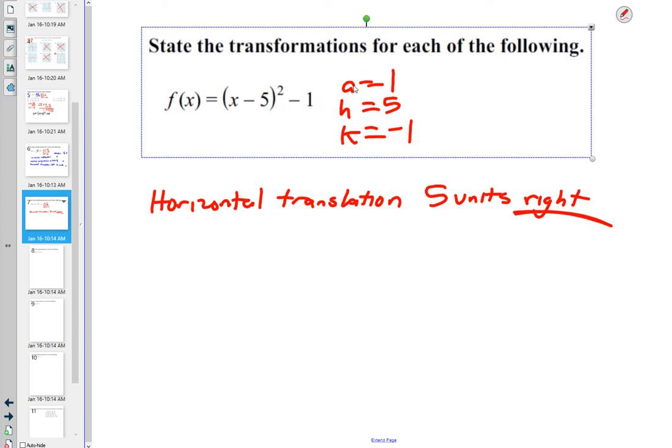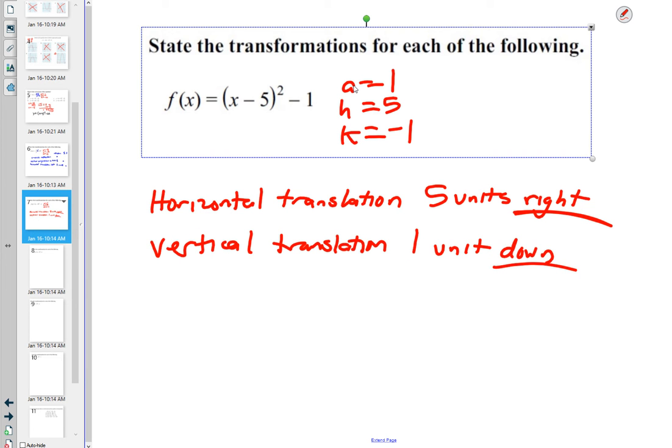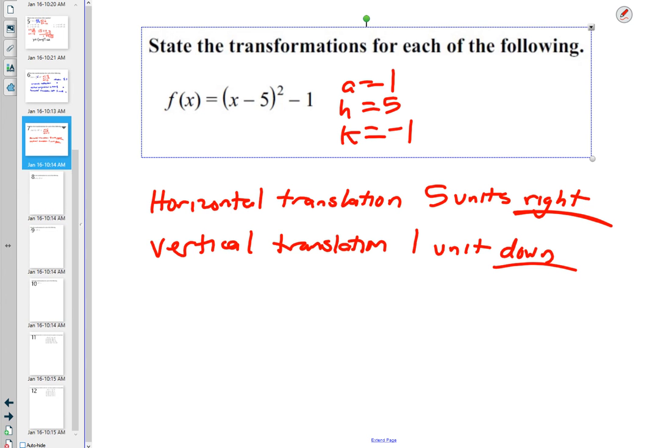The last one, and there is also a vertical translation here, where we had translation 1 unit down. Right, Sam?